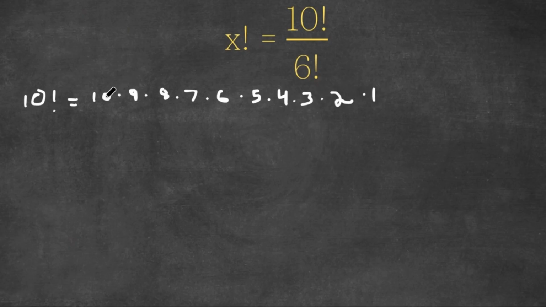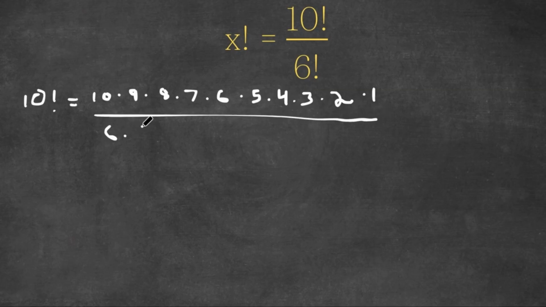So it's equal to 10 multiplied by n minus 1 all the way up to 1. Now we are dividing this by 6 factorial, which is equal to 6 times 5 times 4 times 3 times 2 times 1.